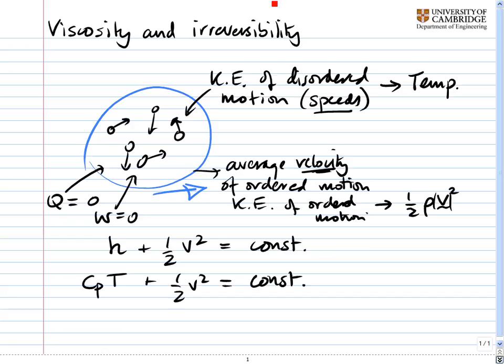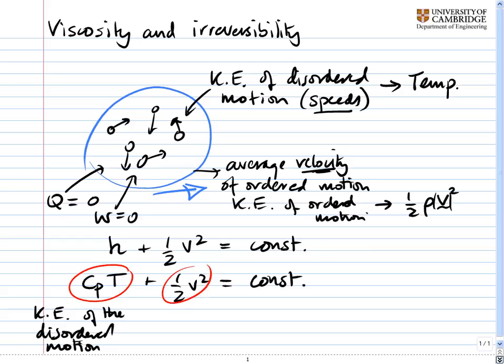And let's look at what these terms are. The Cp T here is essentially the kinetic energy of the disordered motion. Whereas the half v squared here, by the way that's per unit mass, is the kinetic energy of the ordered motion.